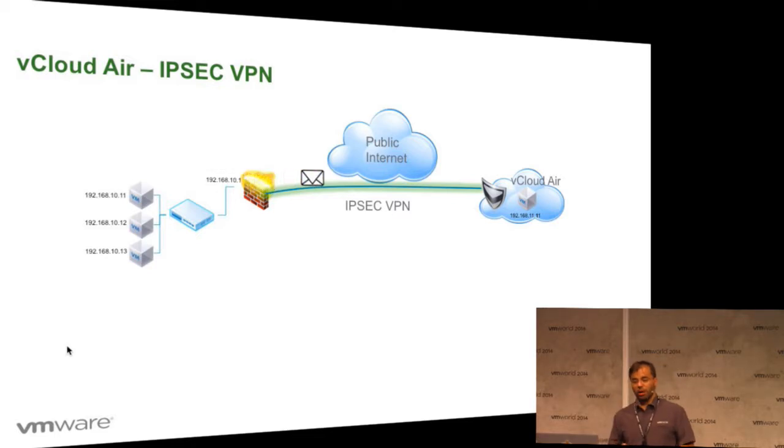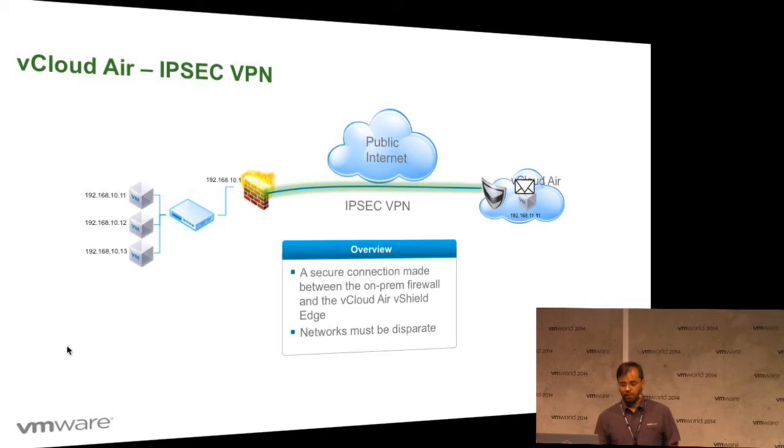So this is how the traffic will flow. One of the downsides is that because it's a layer 3 technology, we're not allowed to overlap networks. So the network that we have on-prem cannot be the same as the one that we have in vCloud Air.